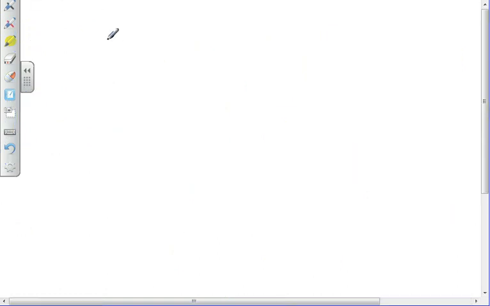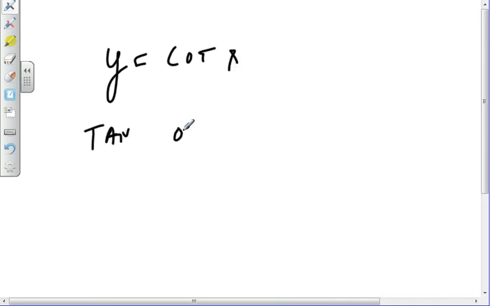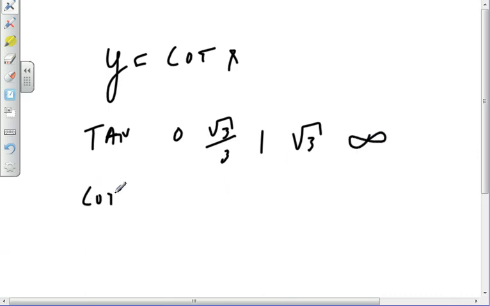Okay, well, that being the case, what happens if y was equal to the cotangent of x? Well, the tangent of x is 0, then the square root of 3 over 3, then 1, then the square root of 3, then infinity. Cotangent would be 1 over that. So I'd be infinity at 0, and square root of 3 over 3 there, and 0 at 90.